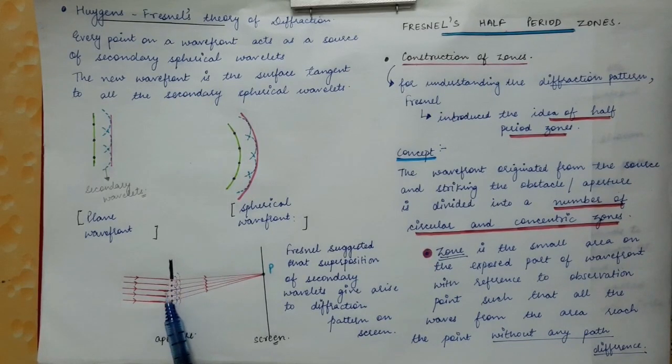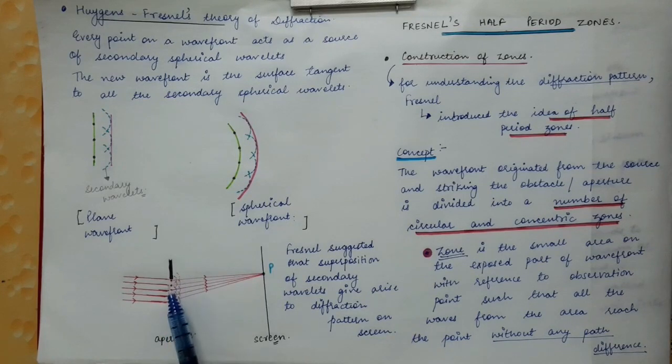The portion of the wavefront falling on the slit, or the aperture, is the exposed part of the wavefront. Most of the wavefront will get blocked by the obstructions, whereas only a small portion of the wavefront will be exposed, and this will travel and fall on the screen.